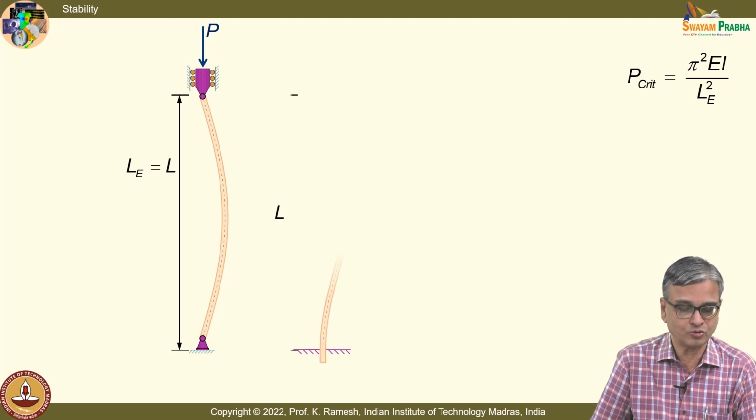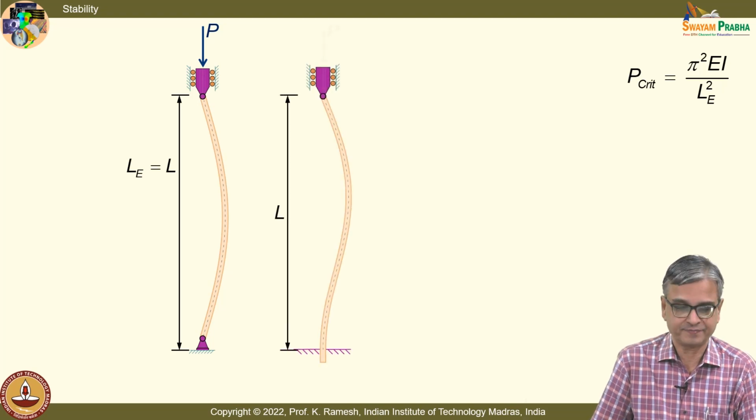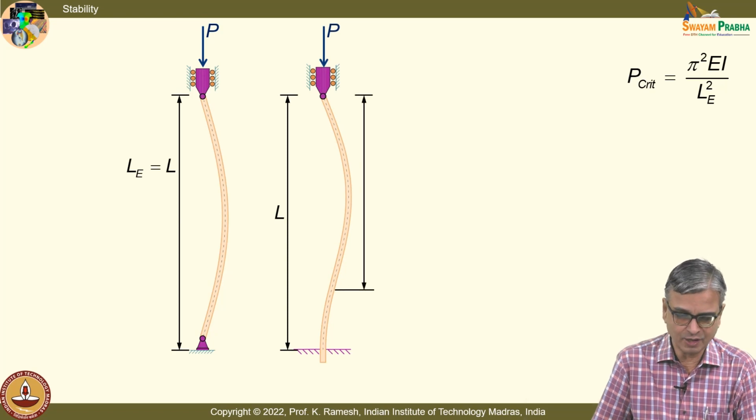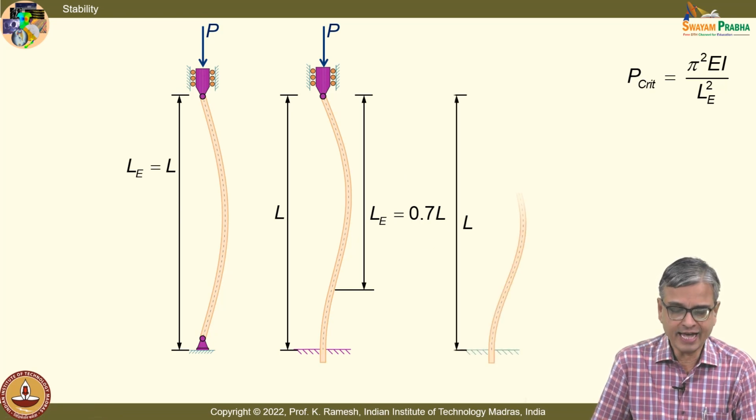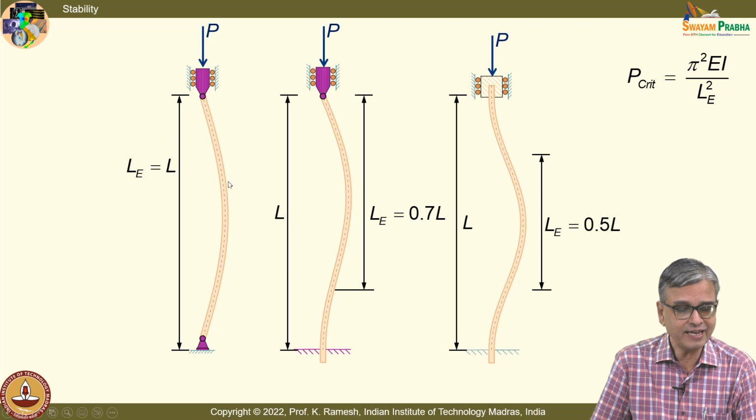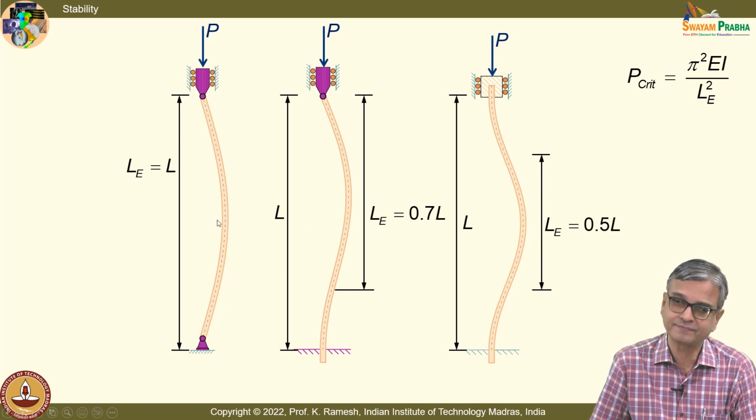If I go to fixed-pinned, we have already got the expression. Now, we are going to have a relook from a different perspective. I call this LE equal to 0.7 L. And if I have a fixed-fixed column, it behaves like half the length of the pinned column.